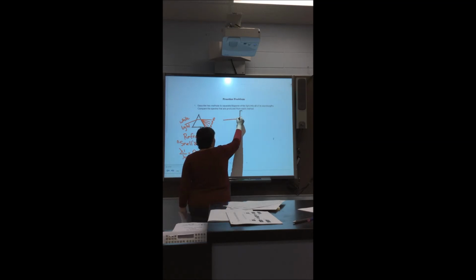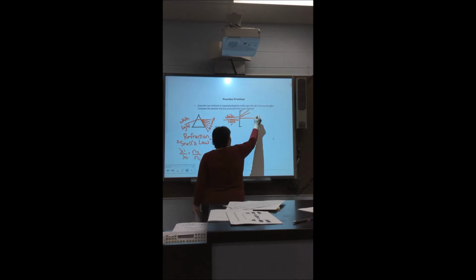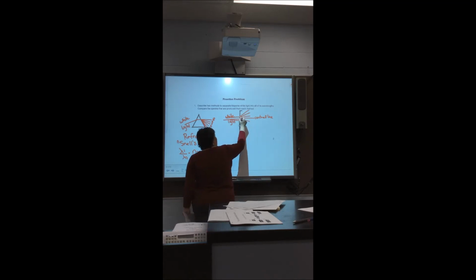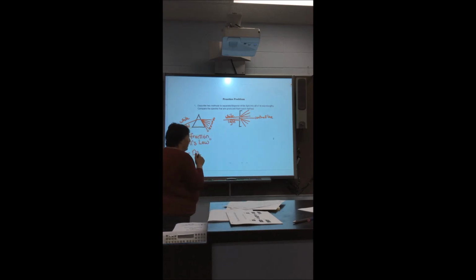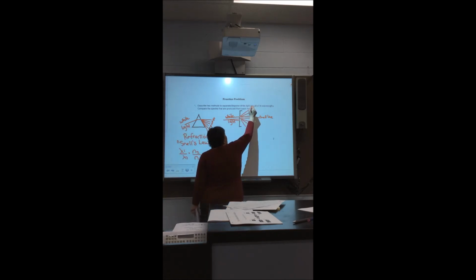So the white light comes into here. And we see that as it comes in through here and comes in through here, we have this happening. Where this is dead in the middle will be our central line. And we'll have different orders of brightness. Okay, and this will be red will diffract more, and violet will diffract the least.